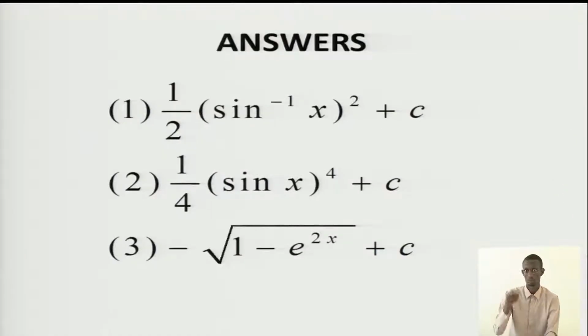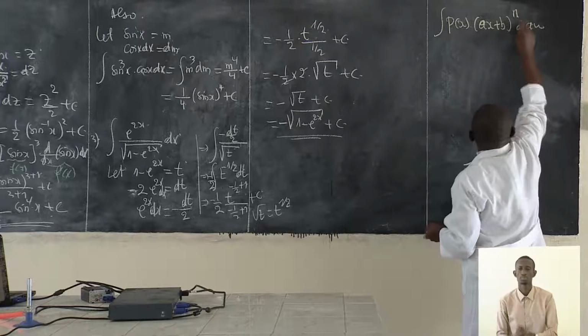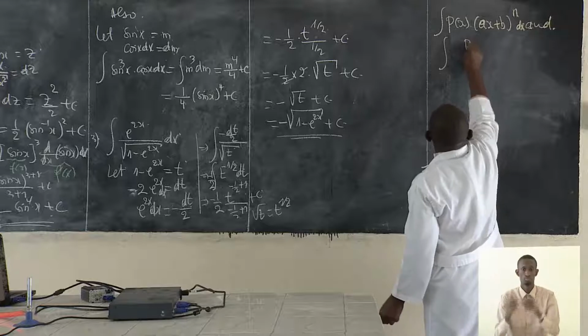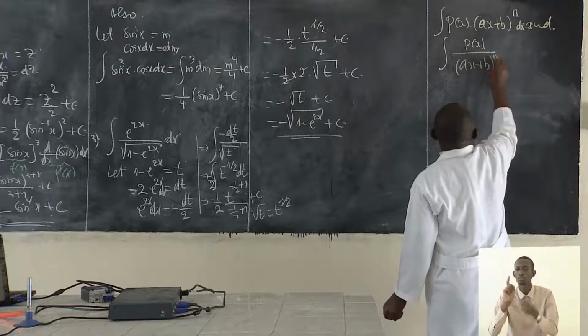And then we have other functions where we use integration by change of variable. Means that we are going to integrate integrals of this form, p of x times ax plus b power n dx, of course, and integrals involving p of x divided by ax plus b power n dx.